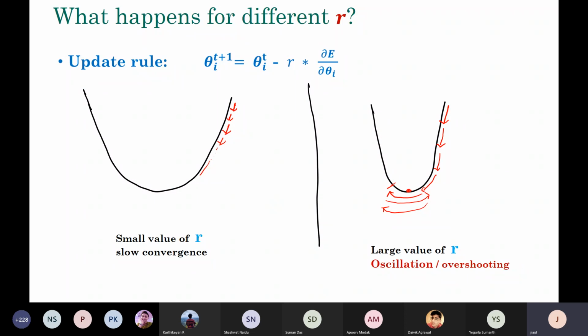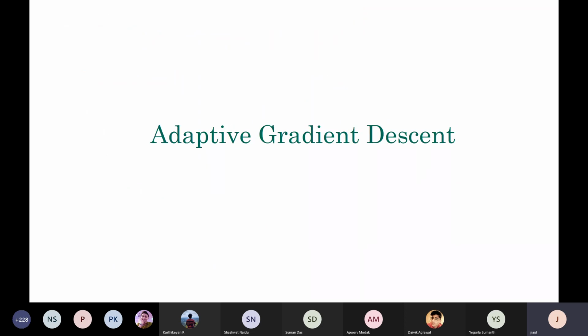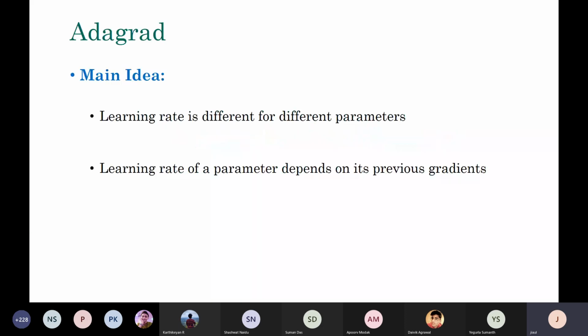We have some methods for that. This is called adaptive gradient descent. The problem in the previous case was that you kept your R constant throughout the computation, and that created all the problems for you. So one popular method is called adaptive gradient descent, also called ADAGRAD. The main idea is that the learning rate is different for different parameters.